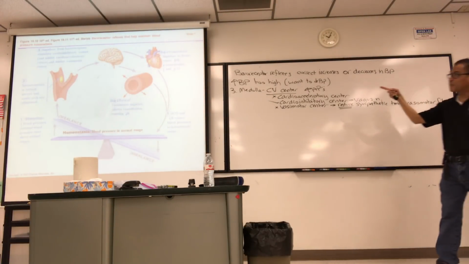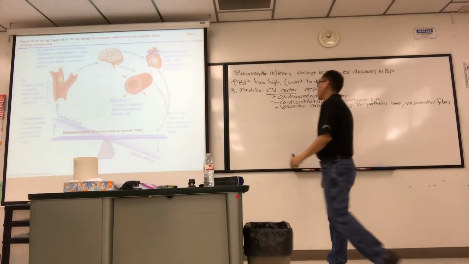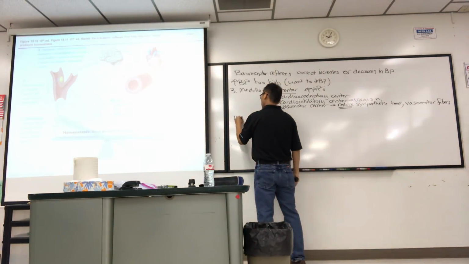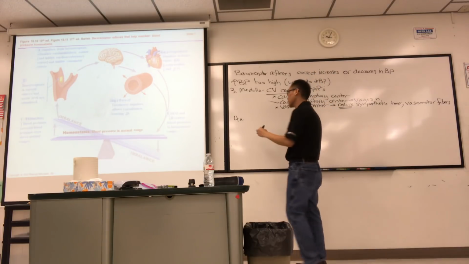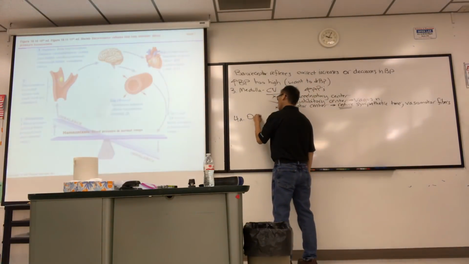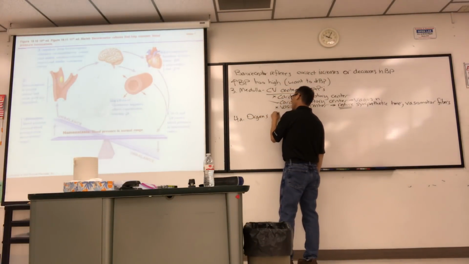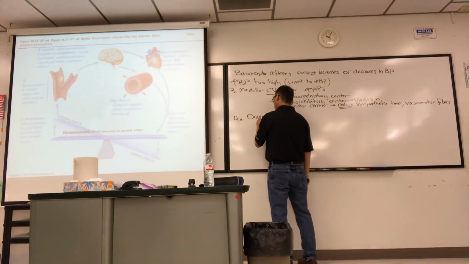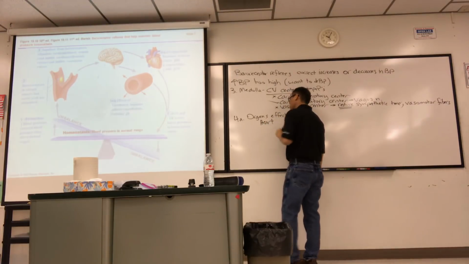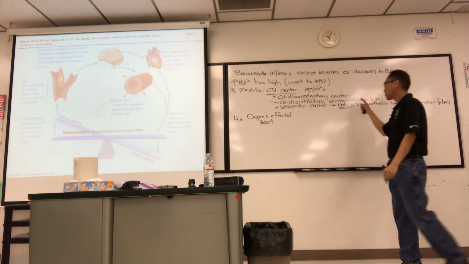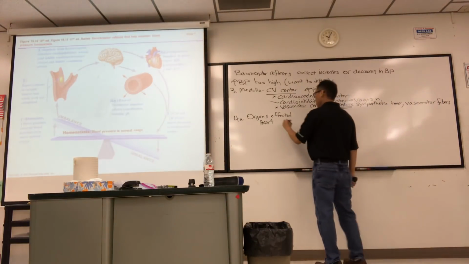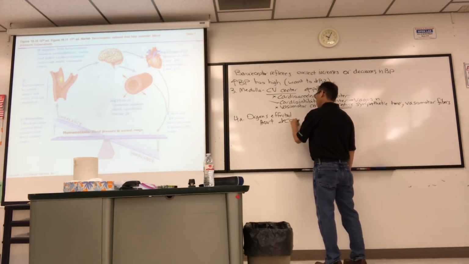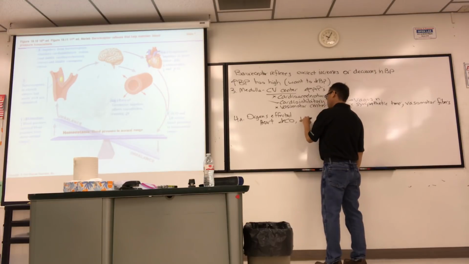So at the fourth step, they have a 4A and a 4B. These are your effectors. These are the organs affected by this reflex. You've got the heart. Because the vagus nerve is turning on there, you get more acetylcholine. Ultimately, you're going to have decreased cardiac output, decreased heart rate.